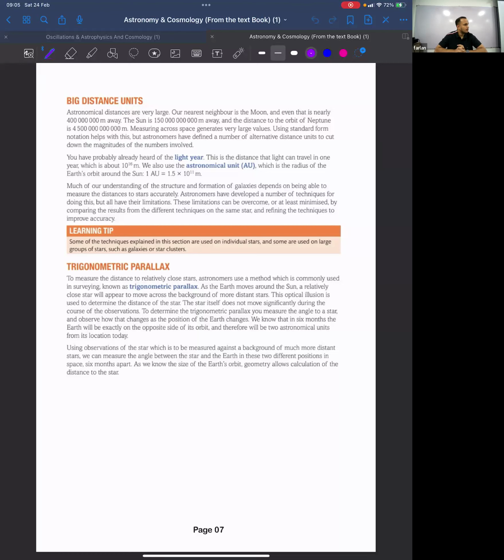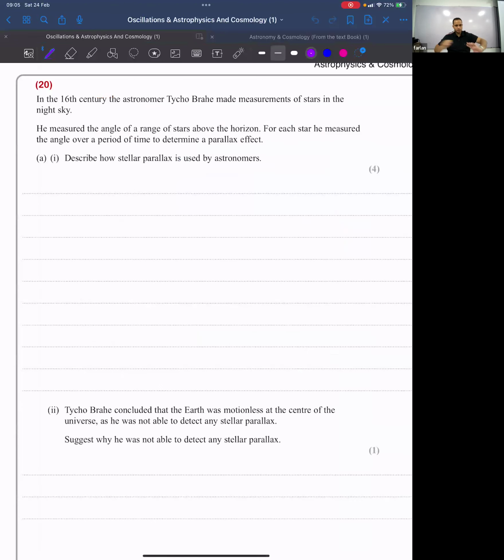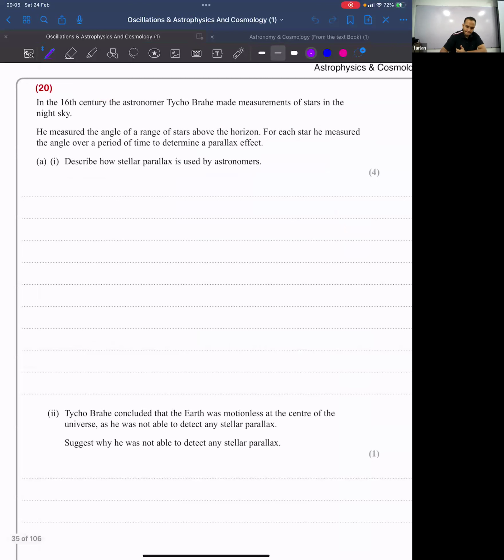Okay. Write the answer. Describe how stellar parallax is used by astronomers to find distance to the nearby stars, right?